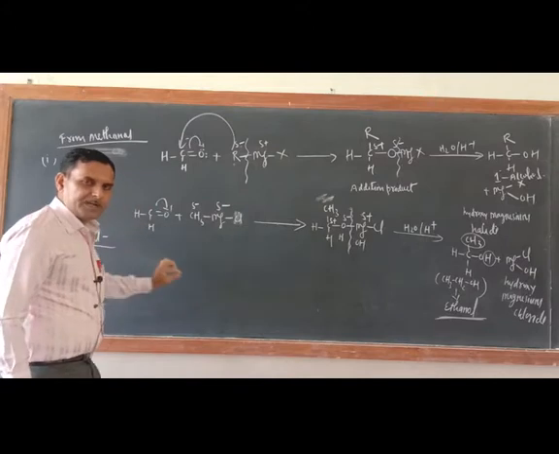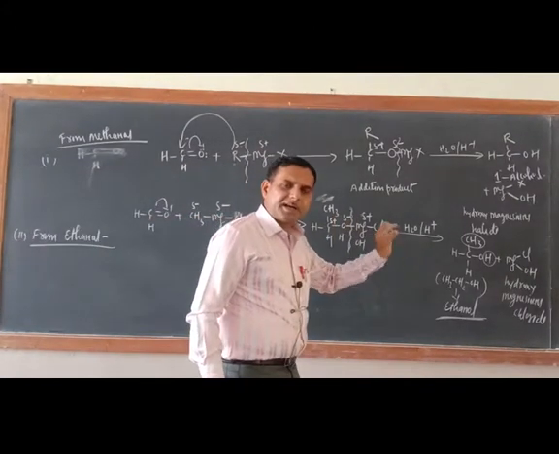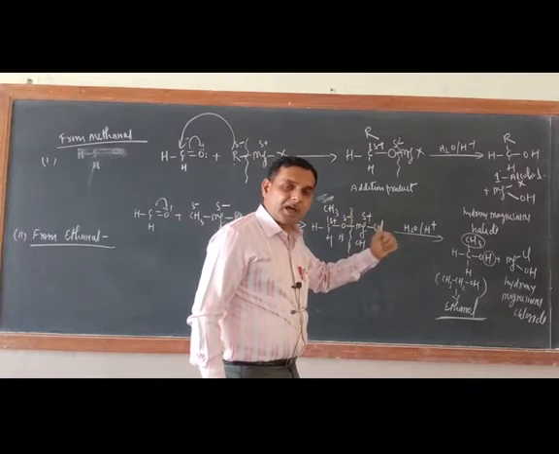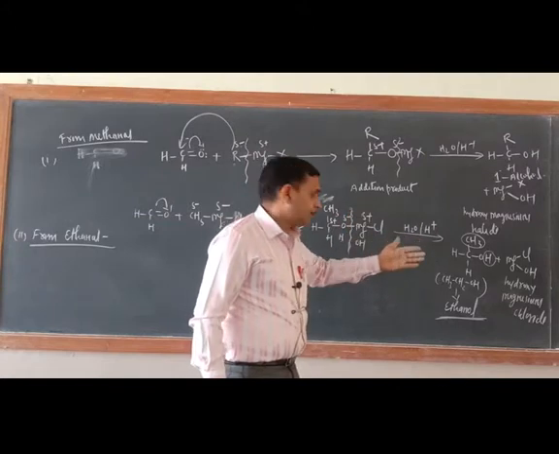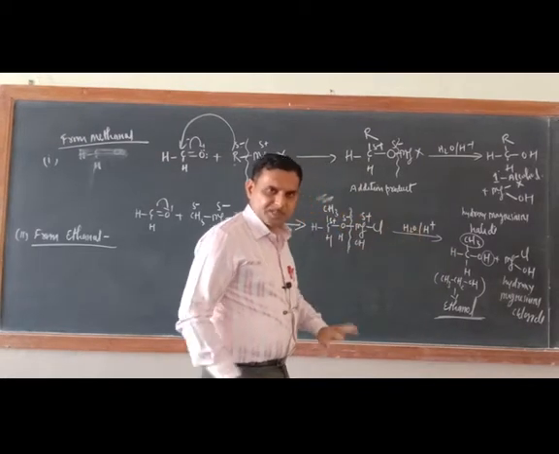So what is CHO? Formaldehyde. Means from the product, very easily you can identify from which carbonyl compound and from which Grignard reagent this product has been obtained. I hope that you are getting this one.